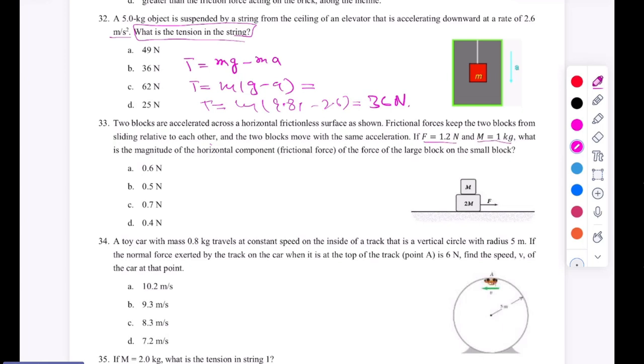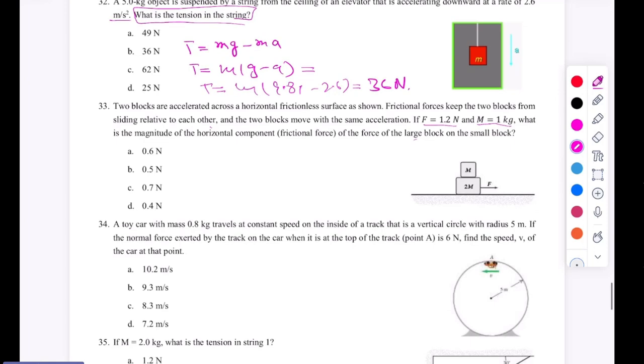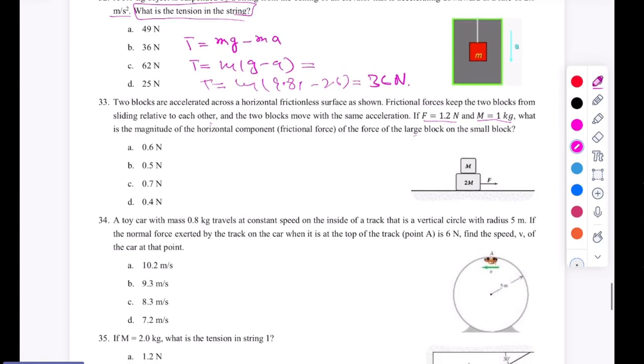What is the magnitude of the horizontal component of the frictional force on the larger block, on the smaller block? So what is the frictional force that will act on that?